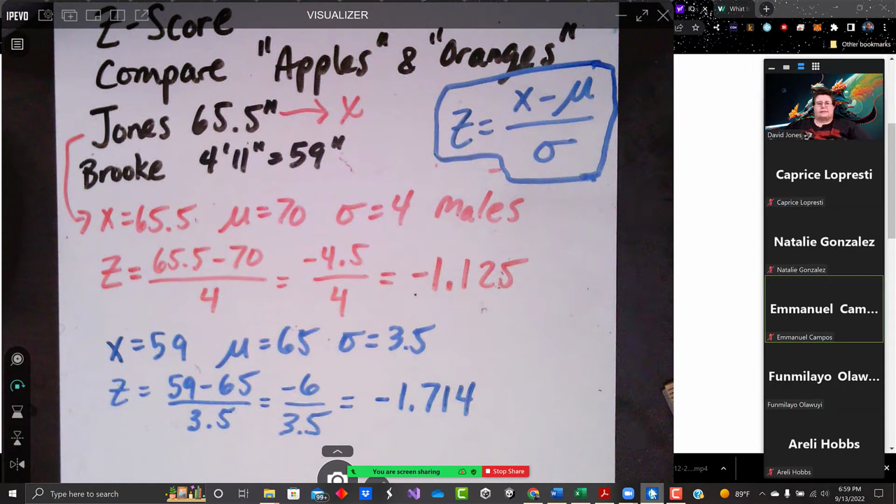So I'll give you like 30 seconds to write that down. We'll bring back the picture and illustrate what the z-scores are here.